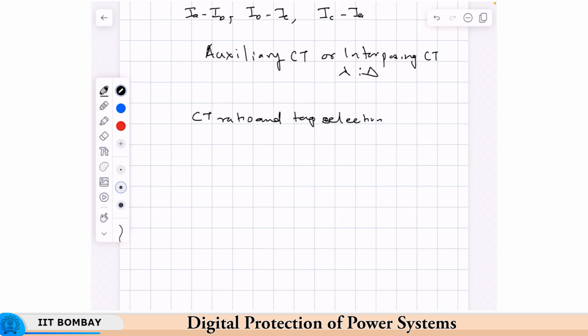The ratio error or the percentage error is given by, say, IH is the high voltage winding current, IL is the low voltage winding current, TH is the relay tap on the high voltage side, and TL is the relay tap on the low voltage side. Then this ratio error is given by this formula, where S is the smaller of the two ratios.